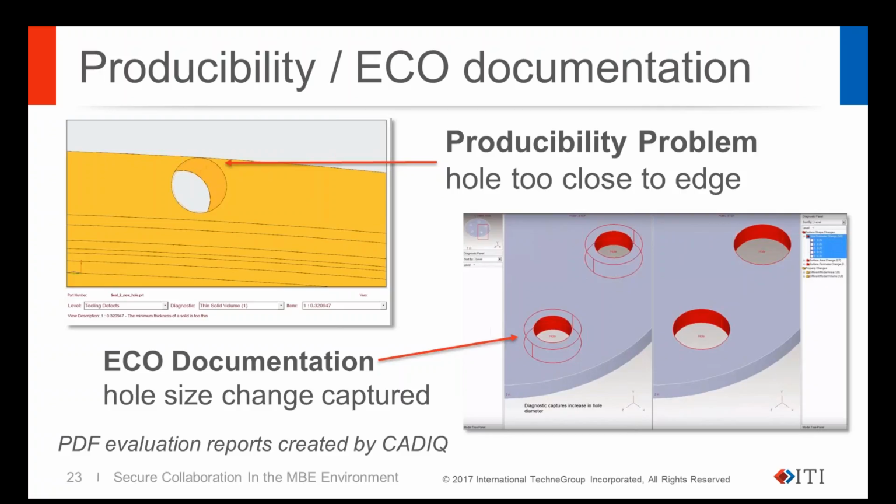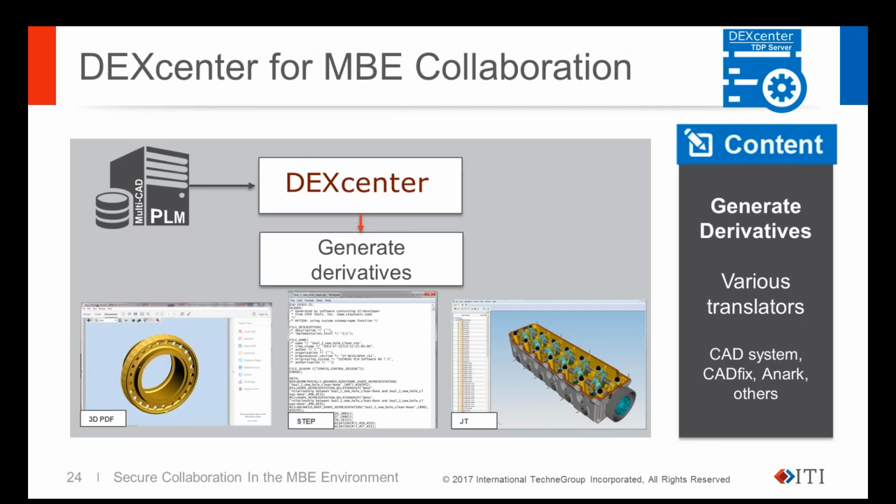The derivatives, of course, we talked about needing more derivatives. Instead of just generating a single STEP or IGES file, we're now talking about a visualization file, maybe some other files to go with it too. DEXcenter provides a capability to generate the various derivatives that you need to put into the TDP.